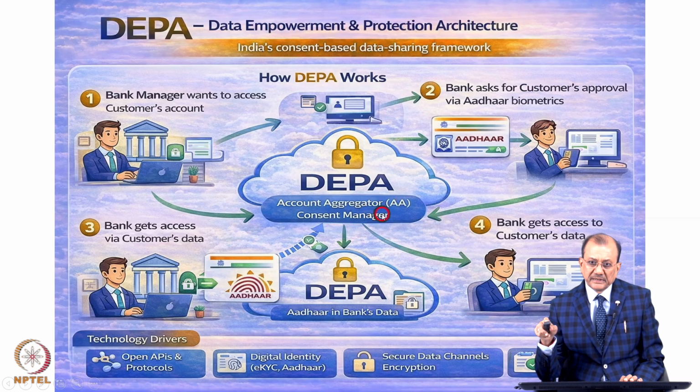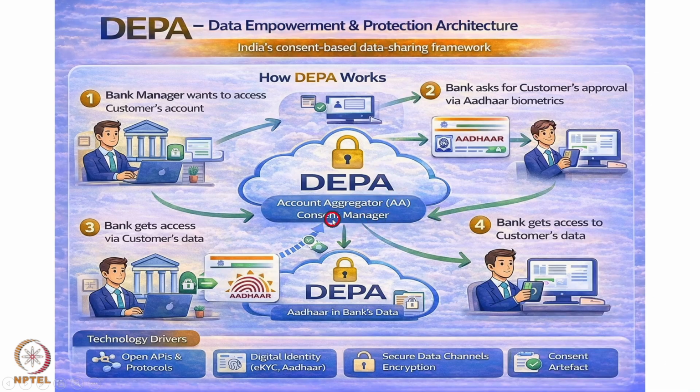Here also you have to give consent. Without consent, he or she cannot access your other bank's account to know the balance over there, whether you are eligible to seek this loan or not. Whatever you have claimed, that you have so many deposits, they can verify with the help of the account aggregator.